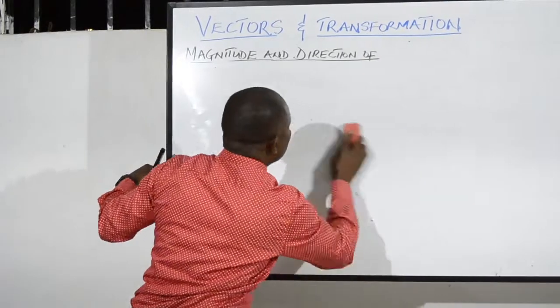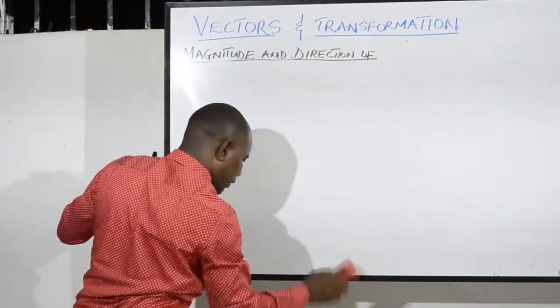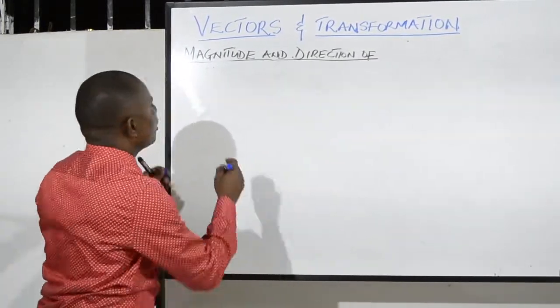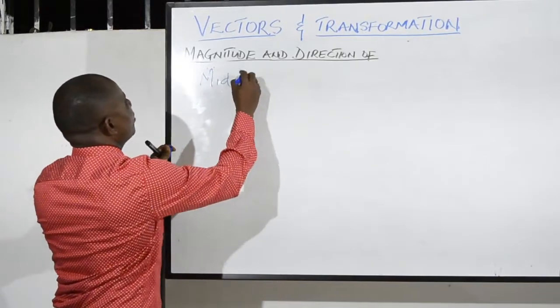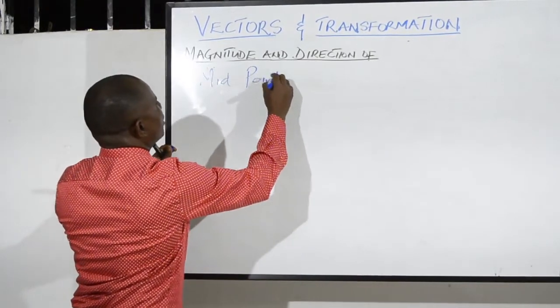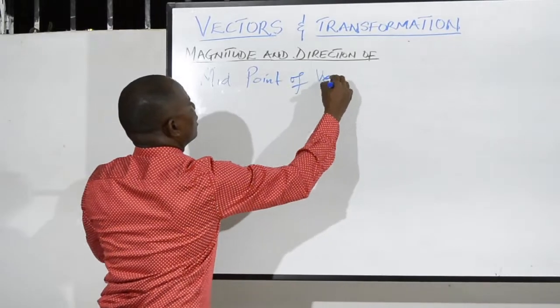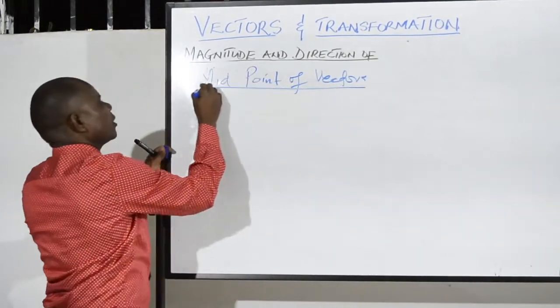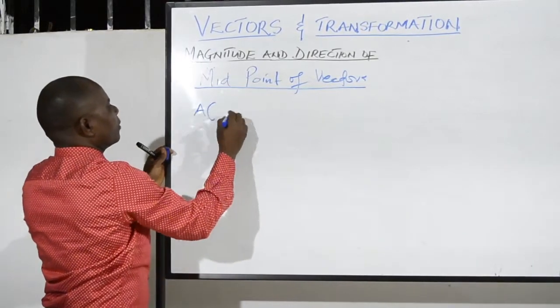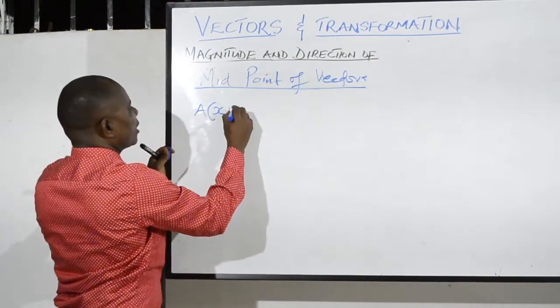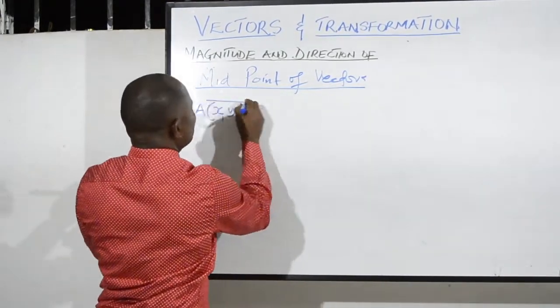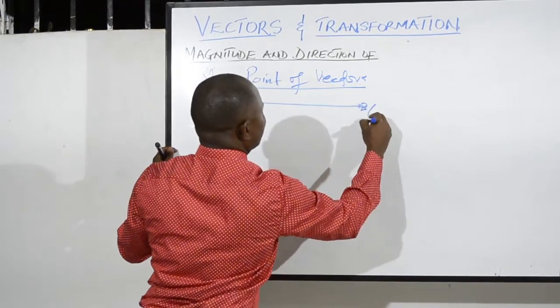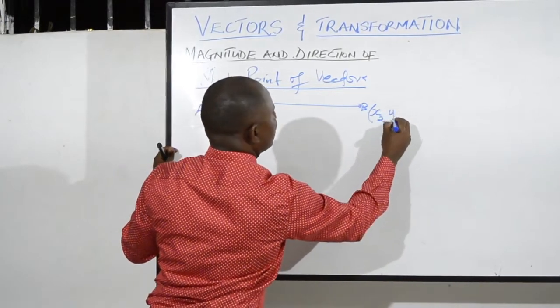The next thing is to find the midpoint of the vector. So I'm going to look at the midpoint of vectors. Here I have a vector A with coordinates x1, y1, and a vector B, another position vector, x2, y2.